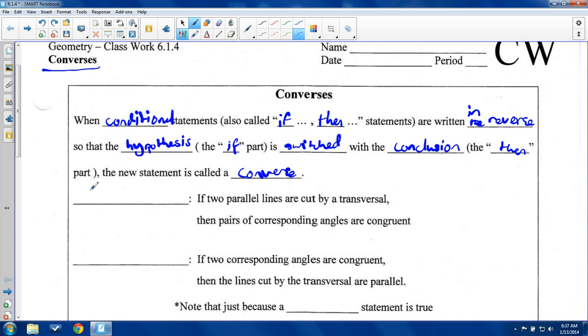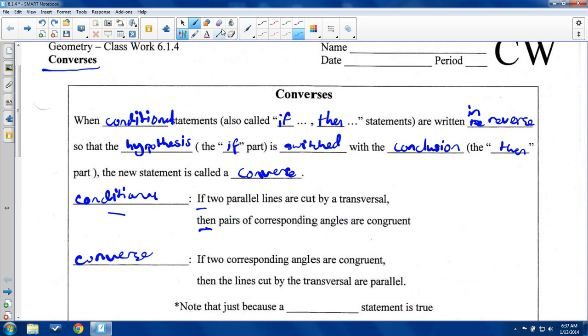Okay, here's an example of a conditional statement versus converse statement. Conditional statement: if 2 parallel lines are cut by a transversal, then pairs of corresponding angles are congruent.